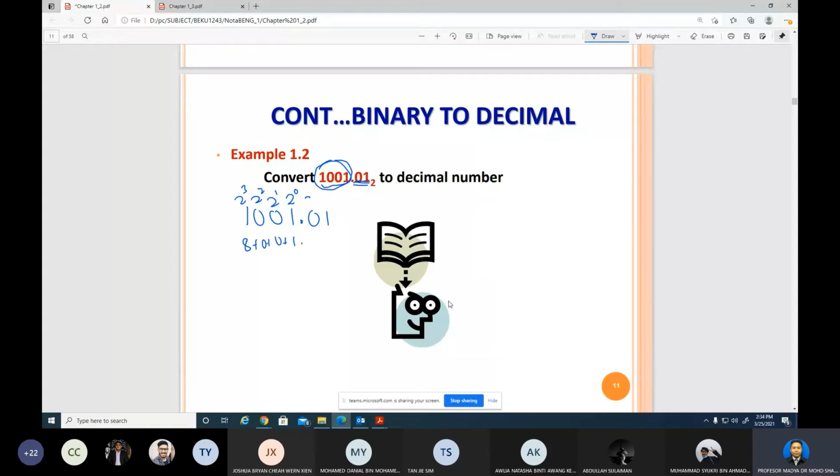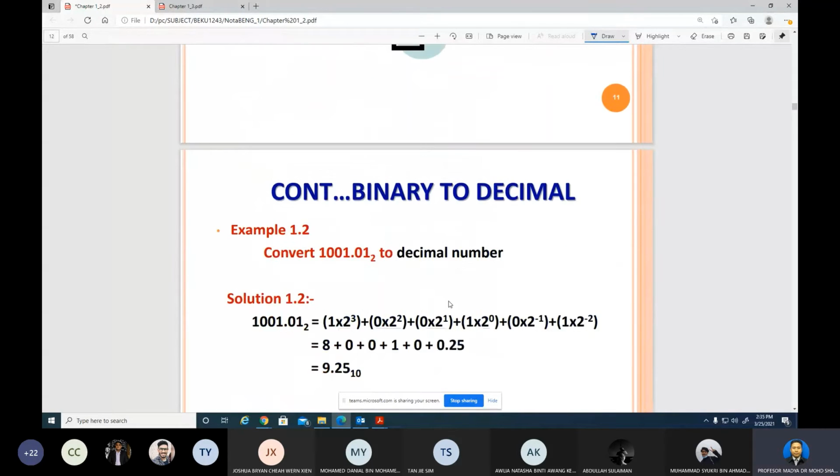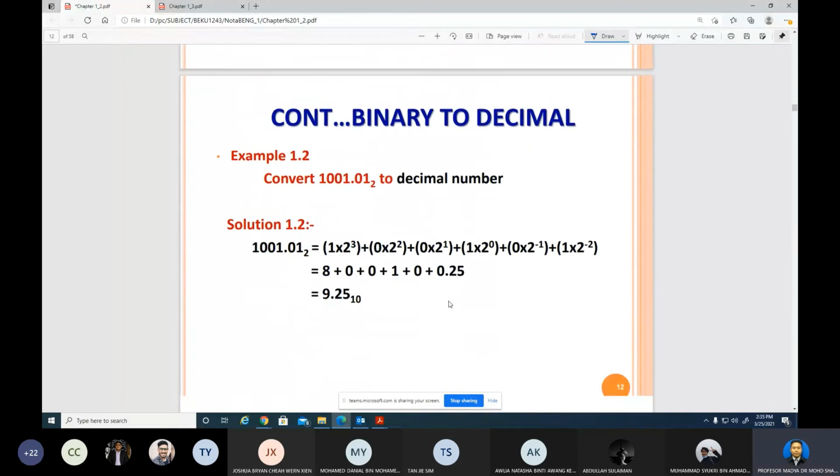This one will be power of -1, and this one -2. So this one will be 0, plus 1 over 4, which is 0.25. So the answer will be 9.25. That is an answer you have to know. So that is the solution.